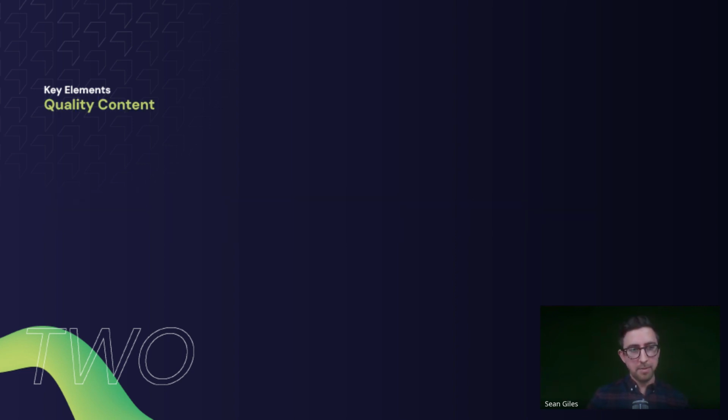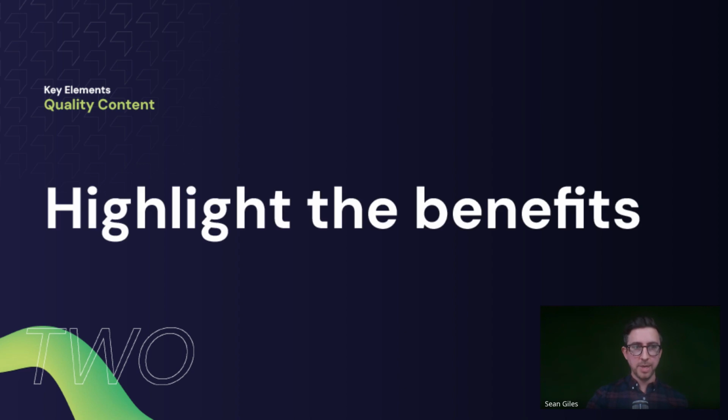The second key element is quality content. Within the content, you want to highlight the benefits. This is important from an SEO perspective, but also from the user perspective. What you're doing here is shouting about why what you're talking about is good. Whether that's a white paper or how-to, it's what are you going to learn at the back of it.